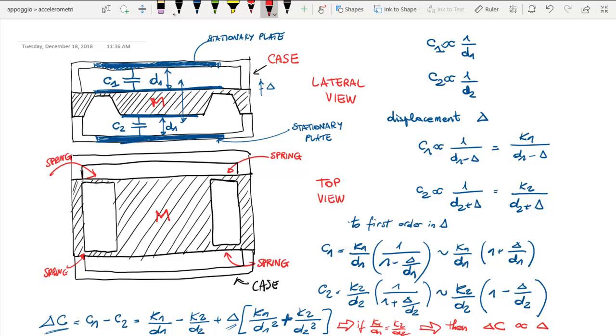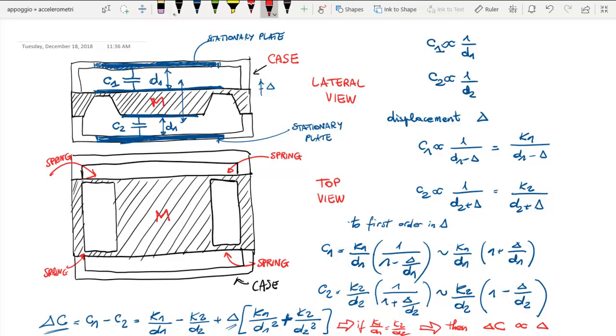It's okay up to now. Can I move on? Yeah. C1 and C2 is K1 over D1 minus delta equal, why is it equal? So let's say this equal is maybe not totally clear. This equal is related to C1, not to this part. So C1 is proportional to this one. Let's assume that the proportionality constant is called K1.